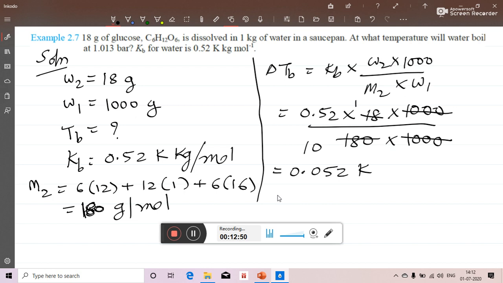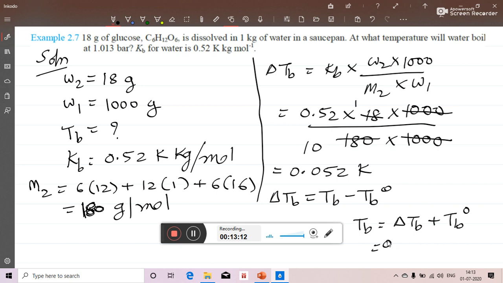Now we have to find out TB. Delta TB is equal to TB minus TB naught. So TB is equal to delta TB plus TB naught. Now delta TB is 0.052 and TB naught is the boiling point of pure water.